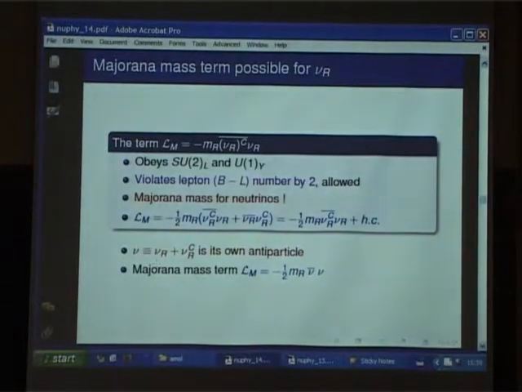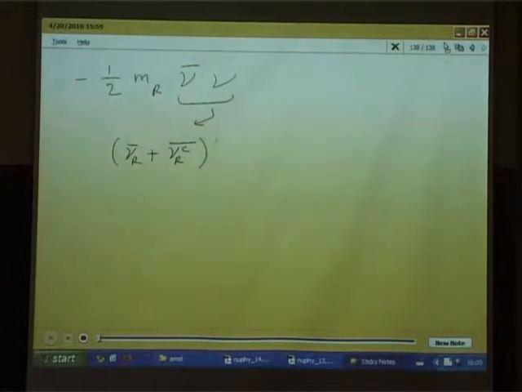And then you can see that in these terms, I can write down my Lagrangian, which is this part, as minus half m_R times ν bar ν. See, ν bar ν. So ν is equal to ν_R plus ν_R^c, and ν bar is ν_R bar plus ν_R^c bar.